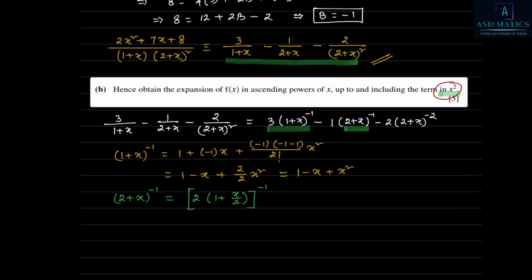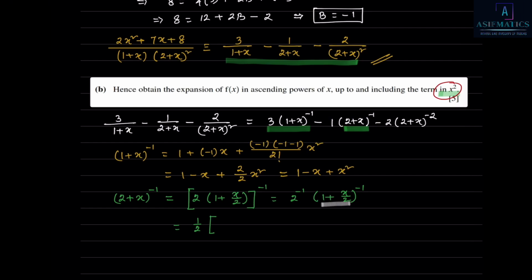Then we can write this one is 2 to the power negative 1 and 1 plus x by 2 to the power negative 1. So 2 to the power negative 1 is actually 1 by 2, and inside we have 1 plus x by 2, this part. So this part is 1 plus x to the power negative 1.